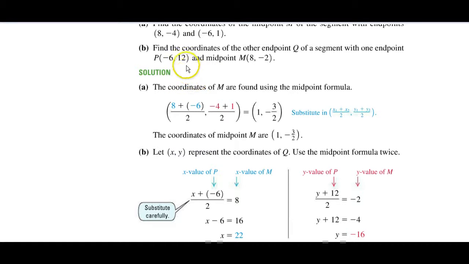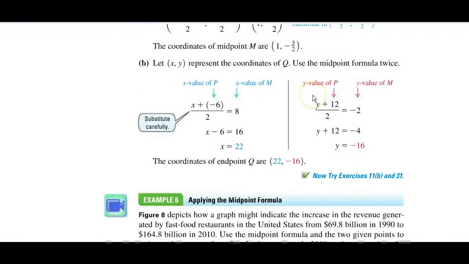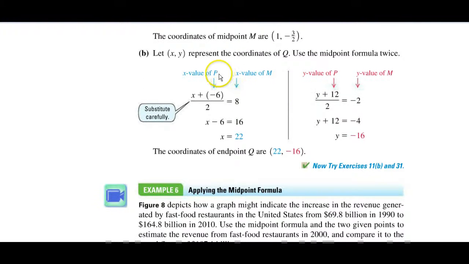In this case, we know the midpoint and one of the endpoints. What we don't know is the other endpoint. So again, you would use your formula. This would be the point you don't know. This is the one you do know. It is divided by 2, and we know the midpoint is 8.